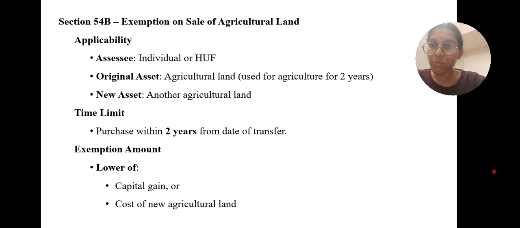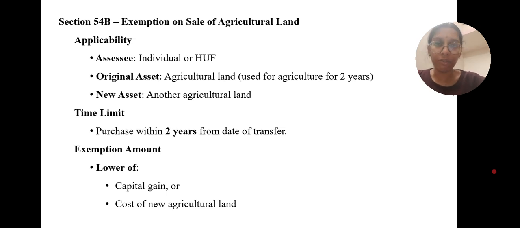What is the exemption? The entire capital gain amount will be exempted if I purchase another new agricultural land from that capital gain. The time period is 2 years from the date of transfer.